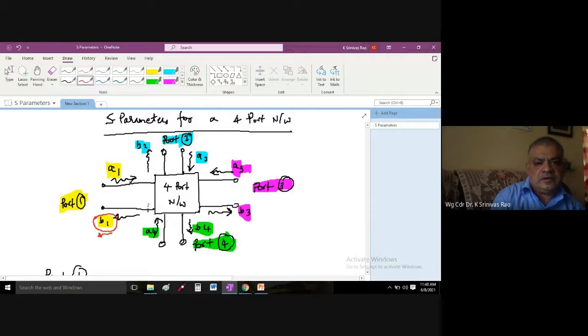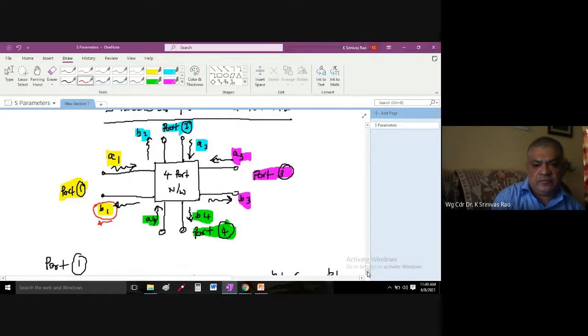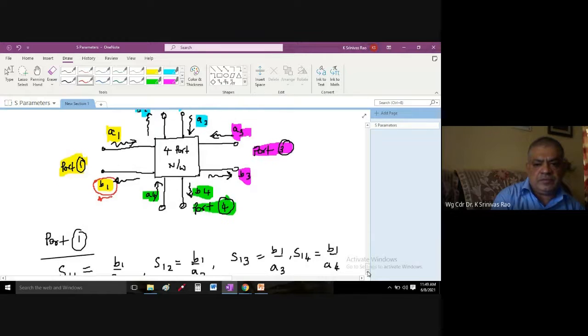Similarly, when I consider port 2, the incident waves A1, A2, A3, A4 from all four ports will have impact on B2, and on B3 and B4. So all of A1, A2, A3, A4 have impact on B1, B2, B3, B4.